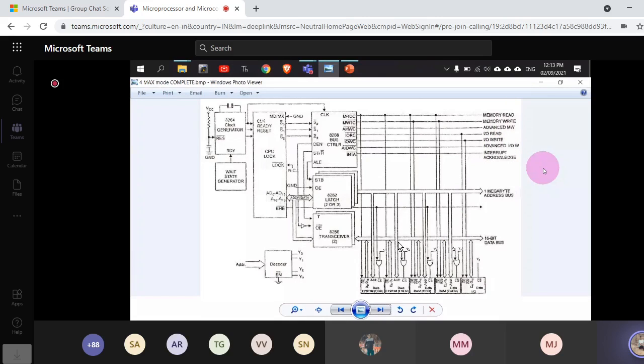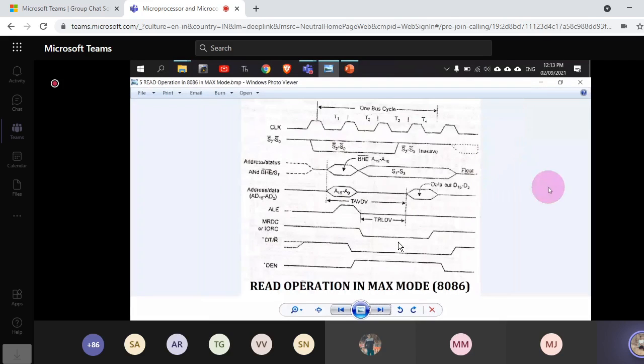So this is a typical configuration of the maximum mode, and I think it is self-explanatory, so I'm not elaborating on every component again, because the only point of difference was this bus controller IC, right? Now let us see the timing diagrams of this maximum mode of operation.